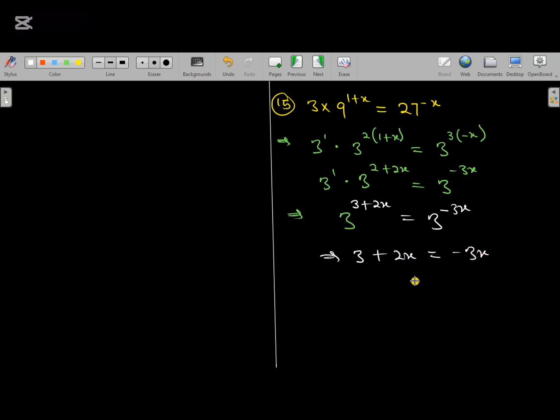Take like terms together. So 3x minus 3x coming here will become positive, and so 2x plus 3x will give us 5x equal to positive 3 crossing over here will become negative. Therefore, our x is negative 3 all over 5. Let's move on to the next one, which is 16.